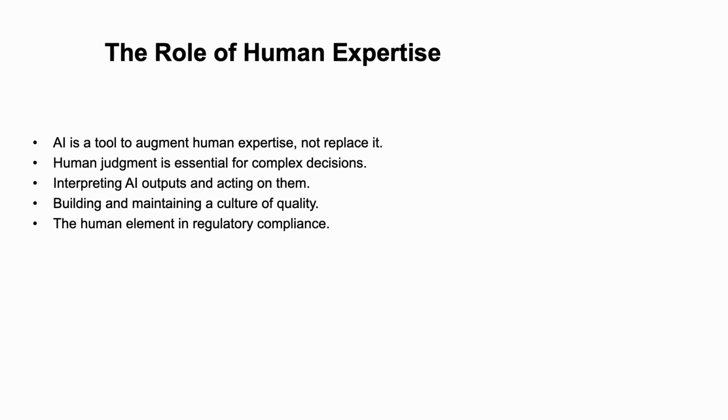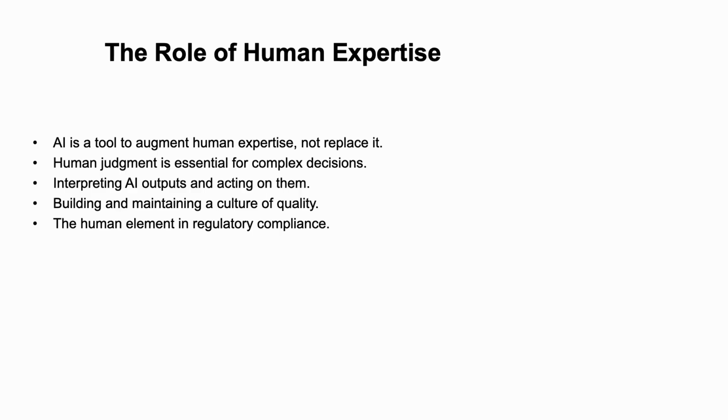For example, while an AI system can identify a potential issue in a manufacturing process, it is a human expert who must investigate the root cause, determine the best course of action, and communicate with a team. Furthermore, building and maintaining a strong culture of quality is a human endeavor. This involves leadership, communication, and a shared commitment to patient safety throughout the organization.